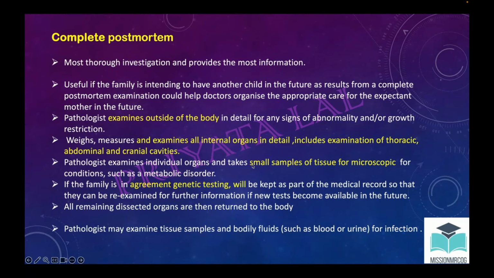Then samples or tissues are collected to be seen under the microscope. Then, if there is agreement and consideration for genetic testing, that is done, and examination of tissues, body fluids, blood or urine for infection is done. So this is the complete post-mortem examination.